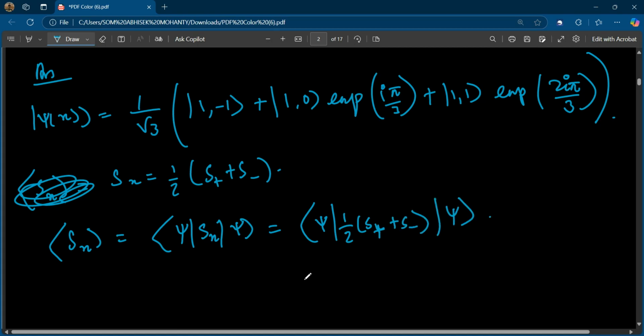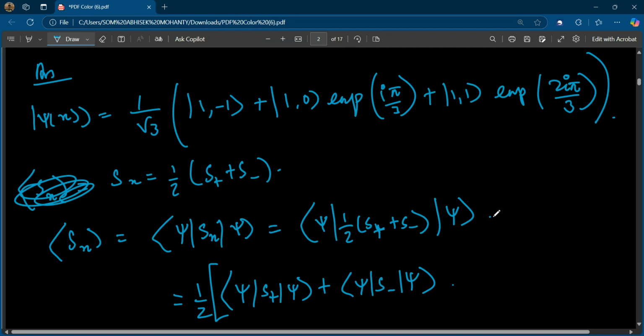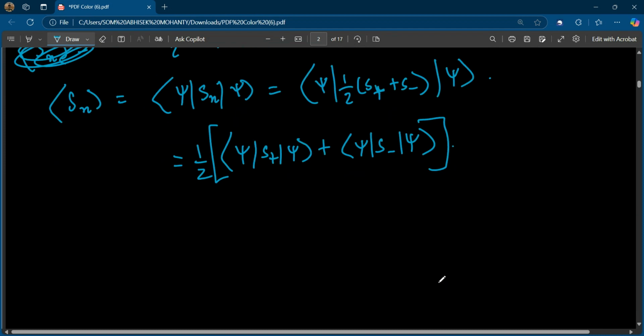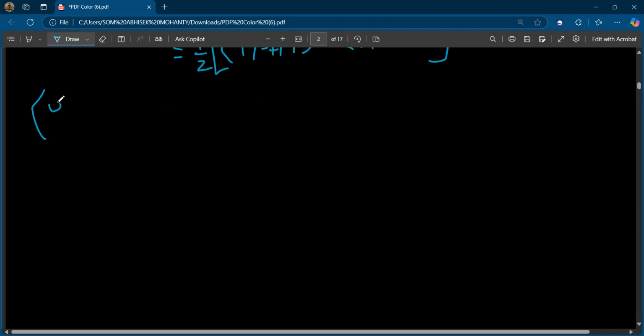So half goes out, so I can write something like this: psi S plus psi plus psi S minus psi. All right. So let's separately do them. Let's not rush, separately do them so that we won't get confused.